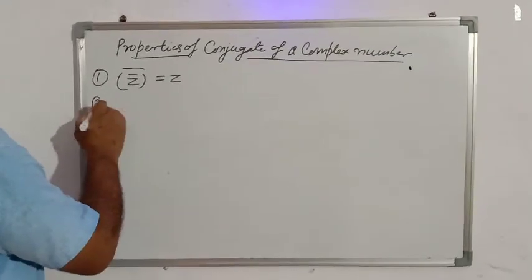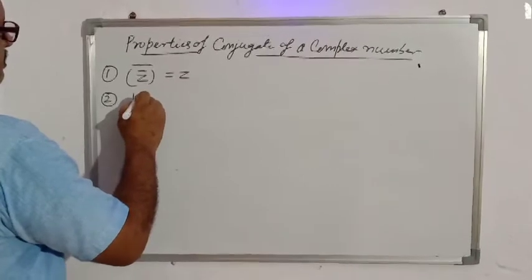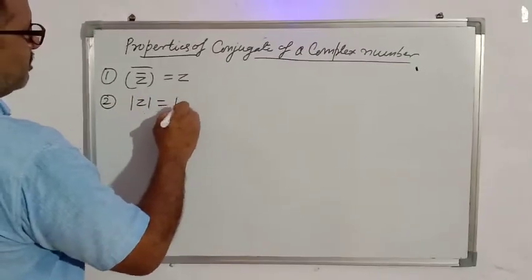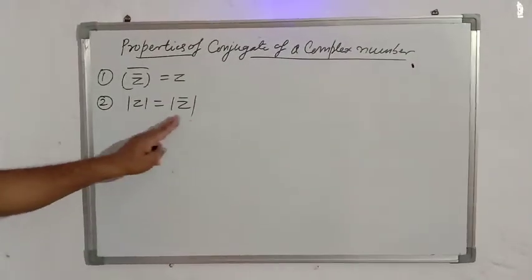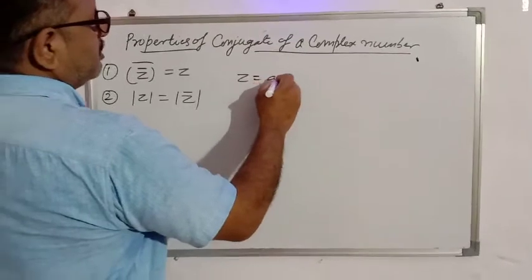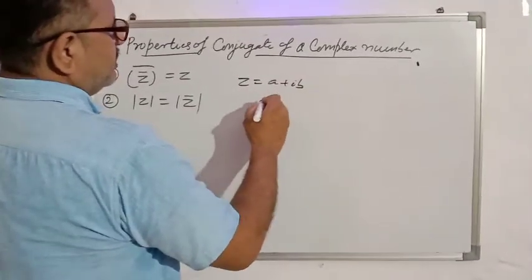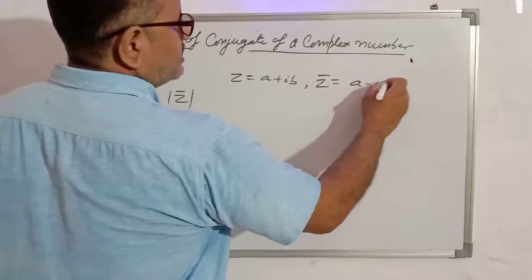Second property, mod of z and mod of z bar both are equal. We can see that if z is equal to a plus ib, what will be z bar? Z bar will be a minus ib.